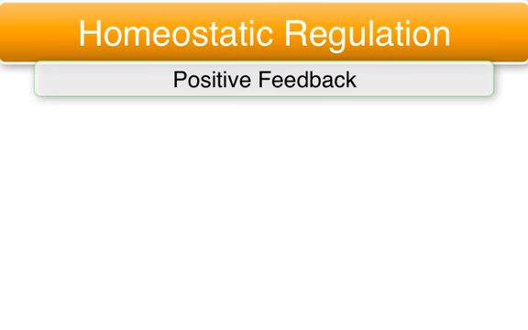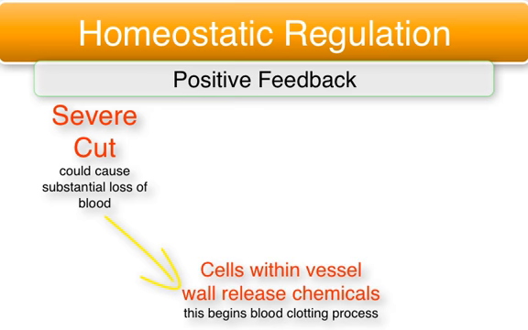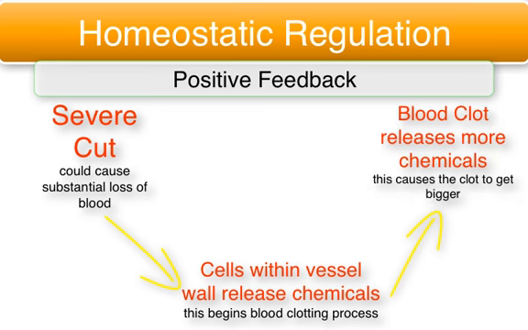For example, an immediate danger from a severe cut can cause a substantial loss of blood. This will lower blood pressure and reduce the efficiency of the heart. When the blood vessel is damaged, cells within the vessel wall will release chemicals that begin the process of blood clotting. These chemicals start a chain reaction, causing a blood clot to form.